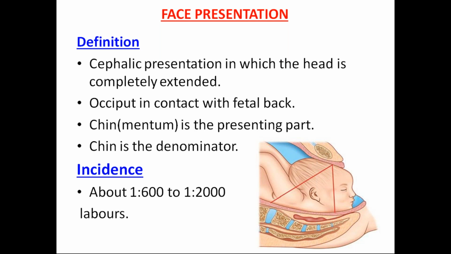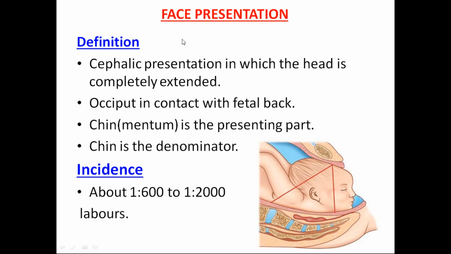So previously they used to do manual rotations as well as forceps rotations, and special types of forceps were designed for occipito-posterior positions, that is Kielland's forceps. So I'm not telling you all those things because they have no role in modern obstetrics nowadays, right?